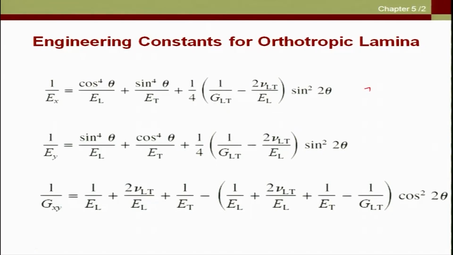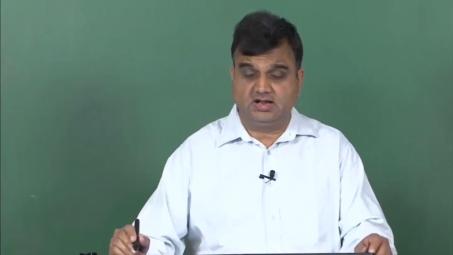So, what you see here is that if theta is equal to 0, then 1 over Ex, all these sin theta terms go away. So, 1 over Ex becomes 1 over EL or Ex equals EL, which makes sense because when theta equals 0, then the x axis and the L axis are mutually aligned.